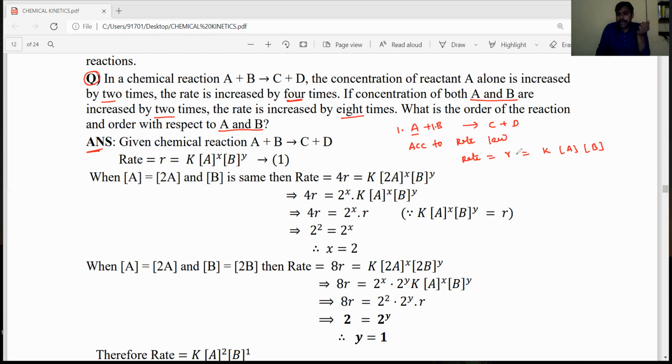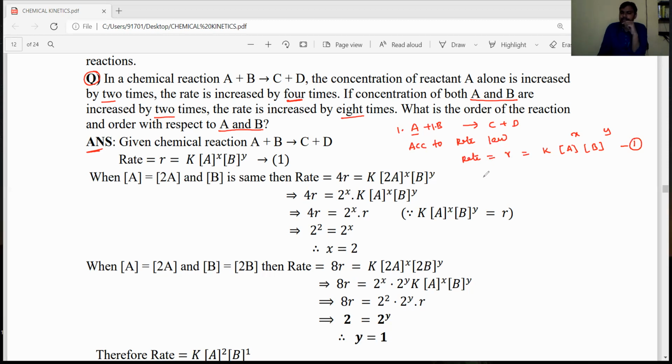So the rate expression is K into the product of concentrations of reactants, each raised to some power. Let the power on A be x and the power on B be y. Here, the order with respect to A is x and with respect to B is y. This is the first equation.